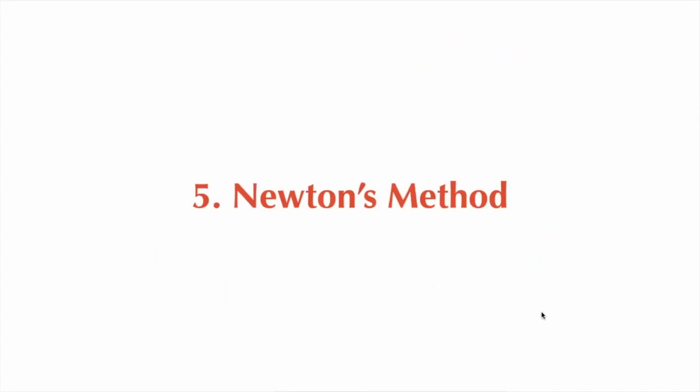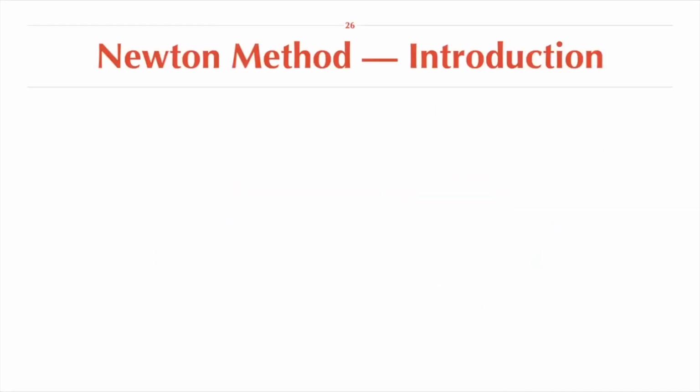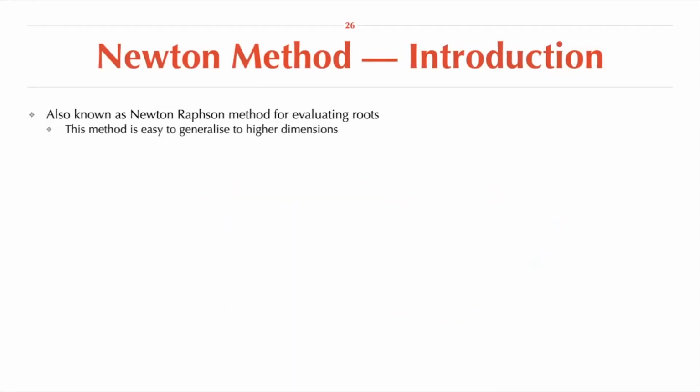Now, one of the methods is Newton's method. Newton's method, as we talked about before, exhibits second order convergence. It converges very fast. We also call it the Newton-Raphson method for evaluating the roots.